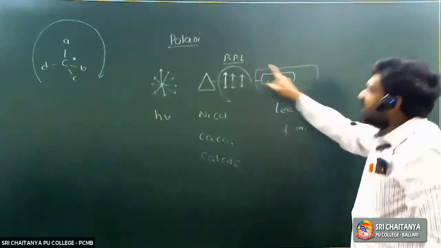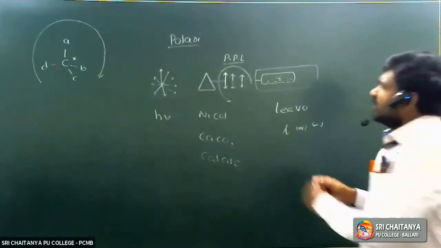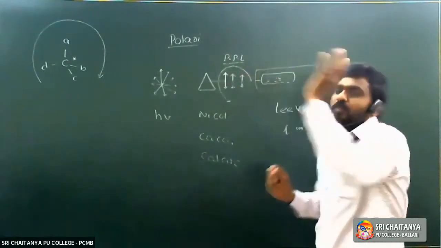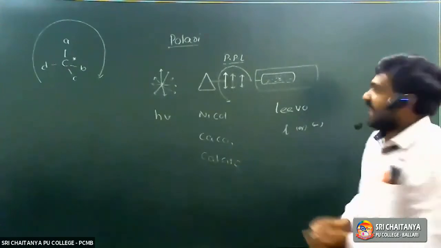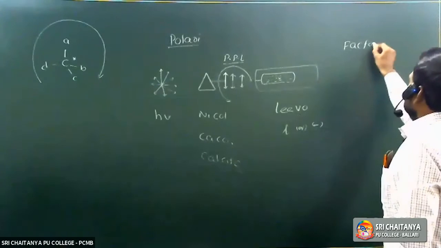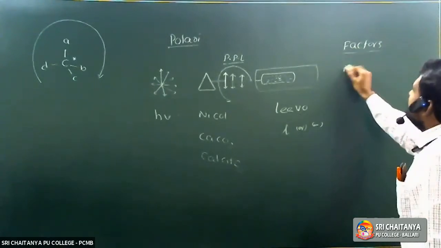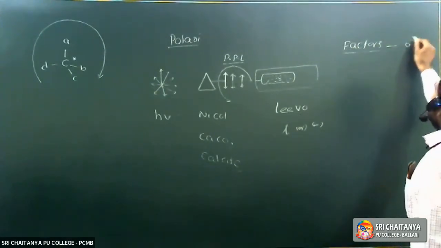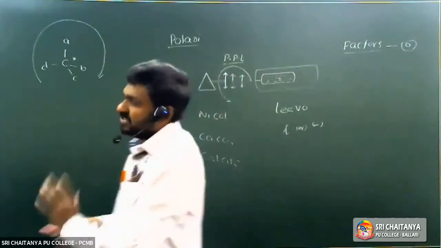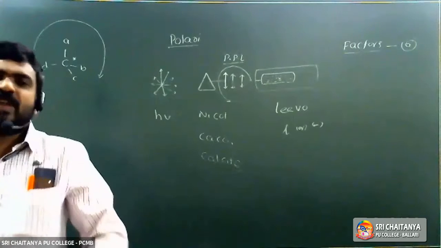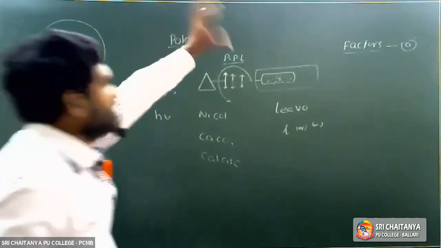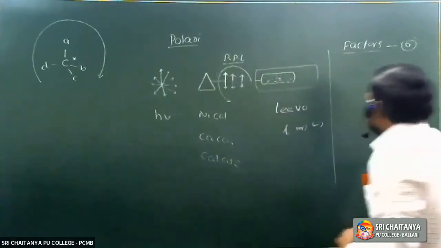Next, the factors that influence the rotation of plane polarized light. The rotation depends on six factors.